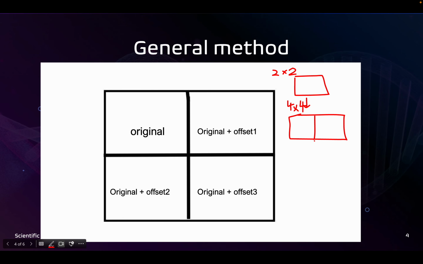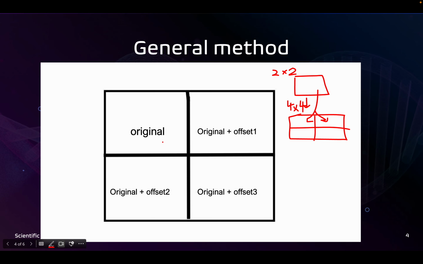It means that you just copy this matrix to one of these parts, and then by adding and changing some numbers you make the new matrix based on the original one.